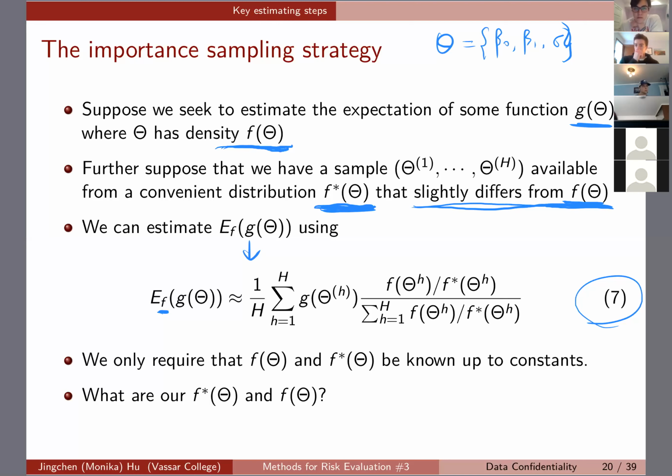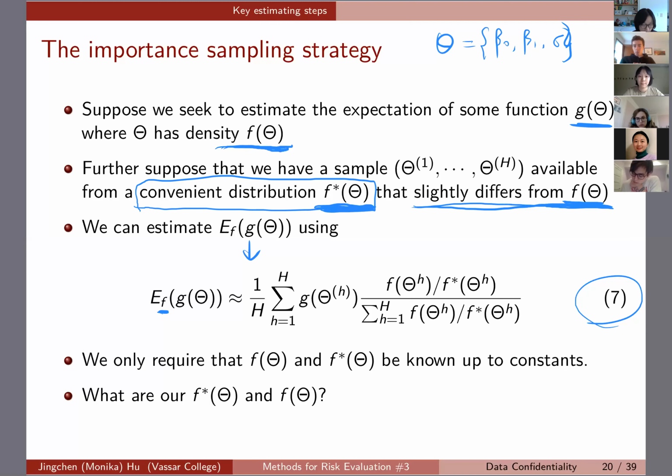Good. And then my main question is, what is f star theta and what is f theta here? So f star theta, we know that is a convenient distribution. What we mean by convenient distribution is something that we know or can use. And most likely, based on the setup that we have, it will just be p theta given y, because that will be a known distribution.